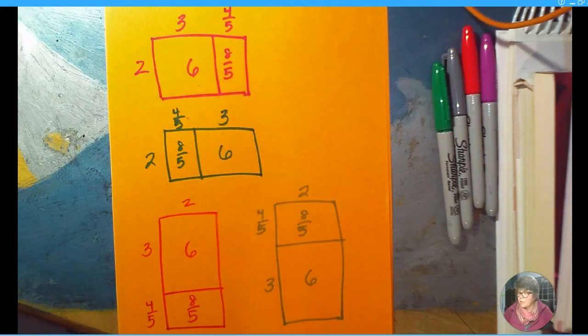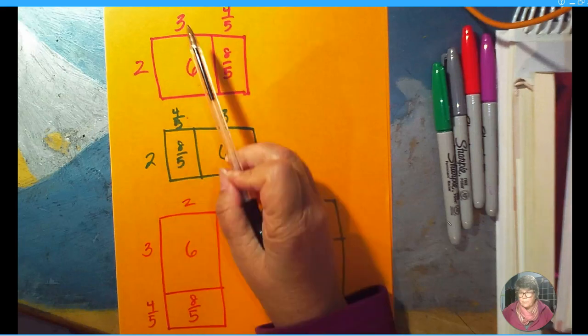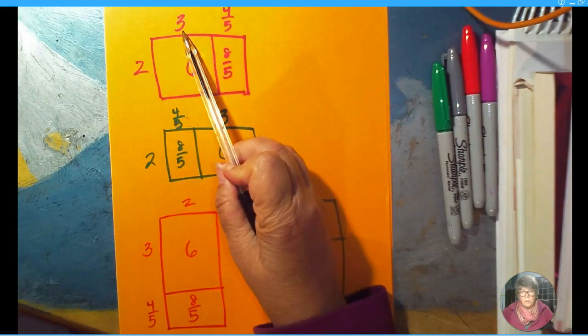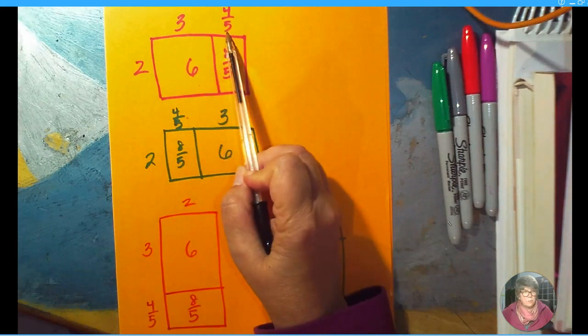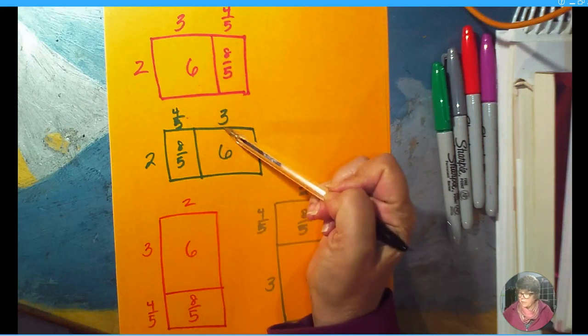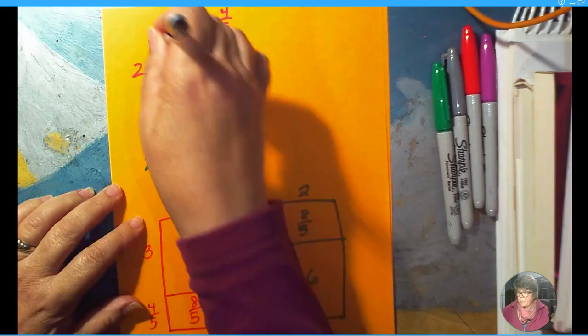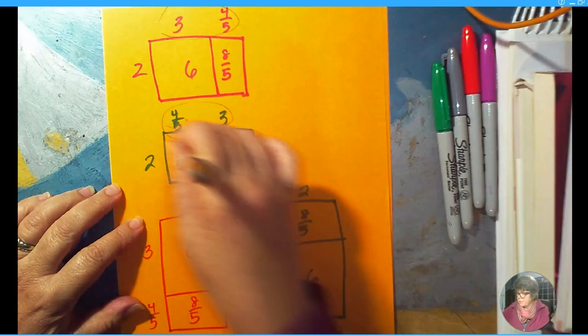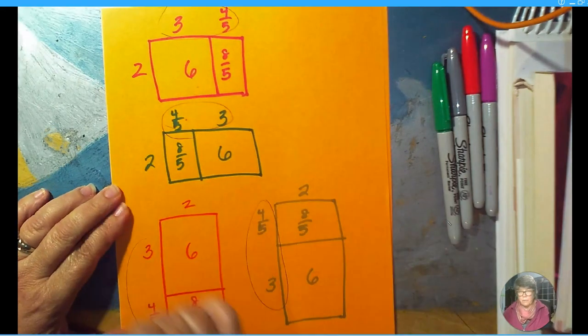You can have the whole number and the fraction here multiplied by the whole number, the fraction, and then the whole number and the fraction, however you want, as long as you know 3 4/5 and 2.